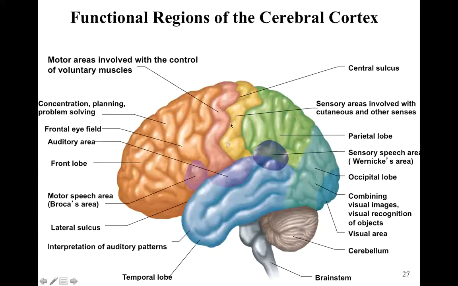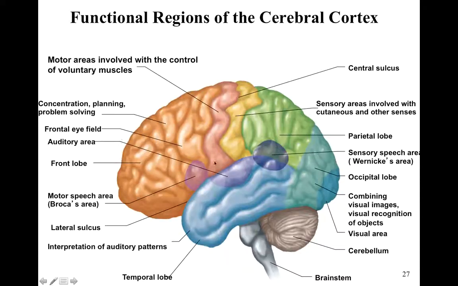This is the sensory area that's involved with the feeling stuff, especially feelings from our skin, getting sensations to the brain from the PNS. And like we said before, it's not like this very specific portion of the frontal lobe is the only place we do concentration, planning, and problem solving, but it's kind of the general area that we do it.